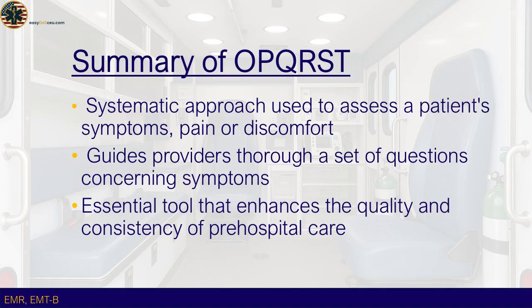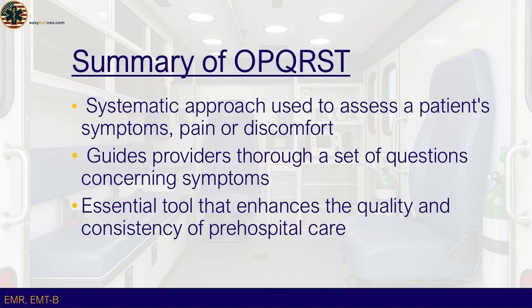OPQRST is a systematic approach used by EMS providers to assess a patient's symptoms, particularly pain or discomfort. It guides the provider through a focused set of questions that help determine the onset of symptoms, what provokes or relieves them, the quality and type of pain, the specific location and any radiation, the severity of the pain, and how long it has been occurring.